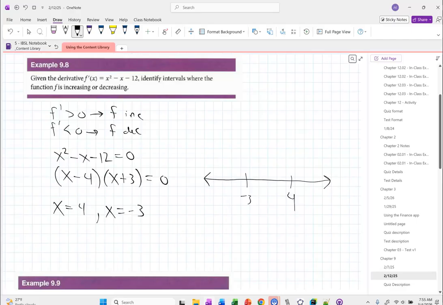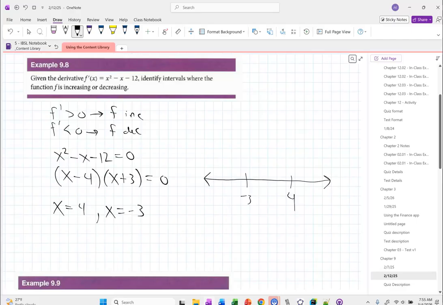Of course, Mr. Kulik. And now what I'm going to do is pick a test value. What that does is it separates the number line into 3 intervals, right? So the stuff less than negative 3, the stuff between negative 3 and 4, and the stuff bigger than 4. I'm going to pick a test value of x from each of those 3 intervals.